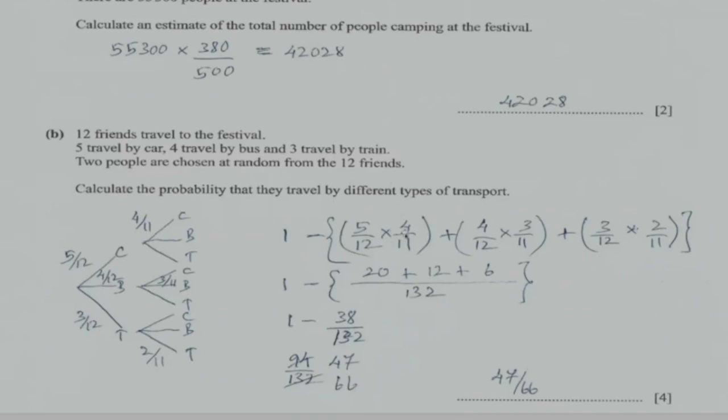So these are the same transport, and 1 minus same transport gives different types of transport. The answer is 47 over 66.